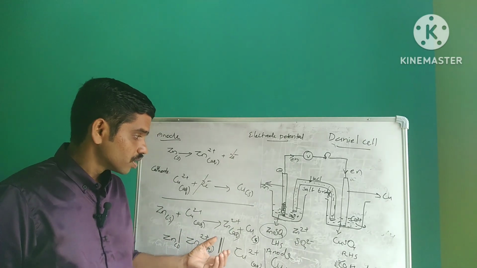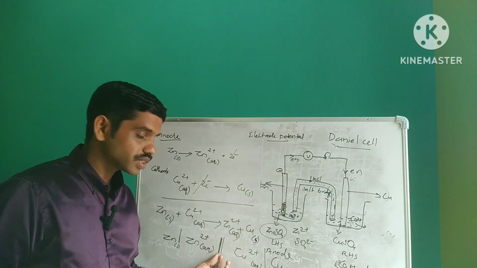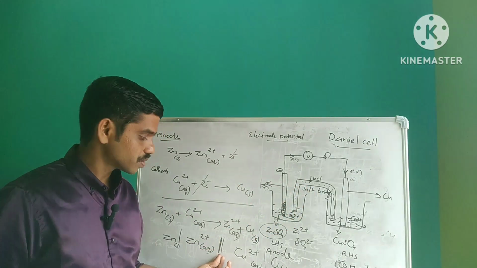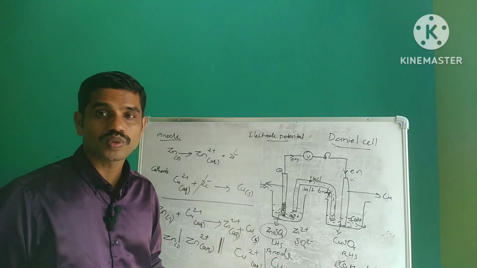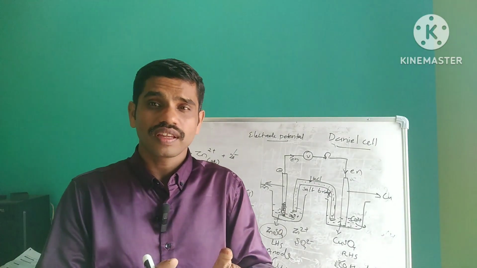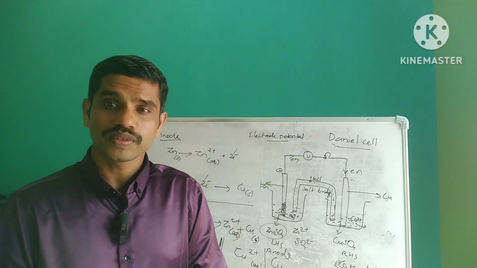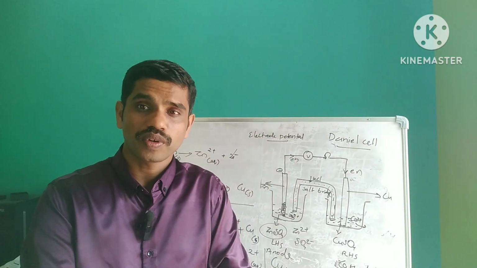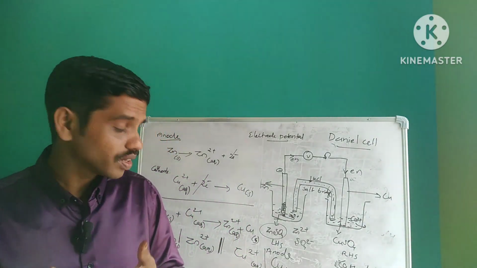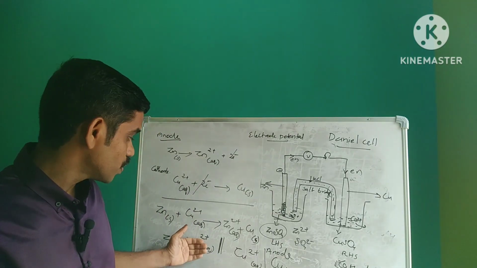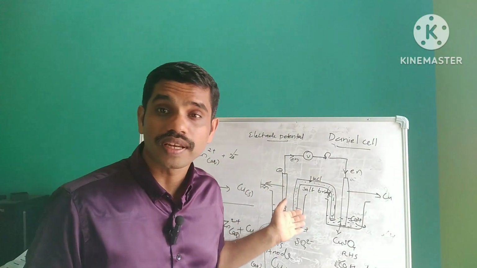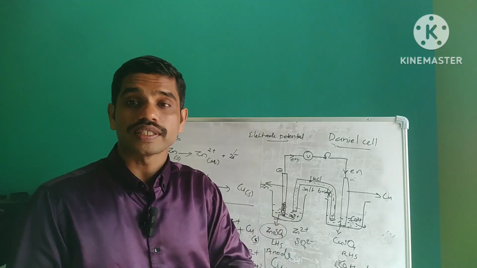The two half cells are separated by this double line, which represents the salt bridge. Then Cu2+ and copper. In the exam, any reaction they give, you just convert into its cell representation. Sometimes they will give the cell representation, and you have to write the cell reaction. We will discuss the example later.